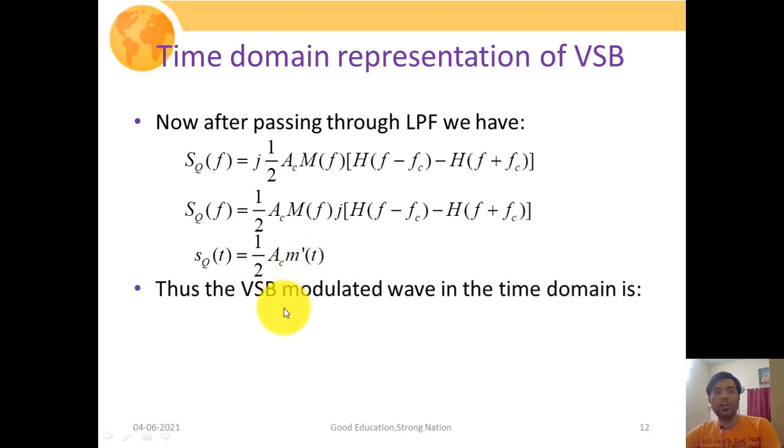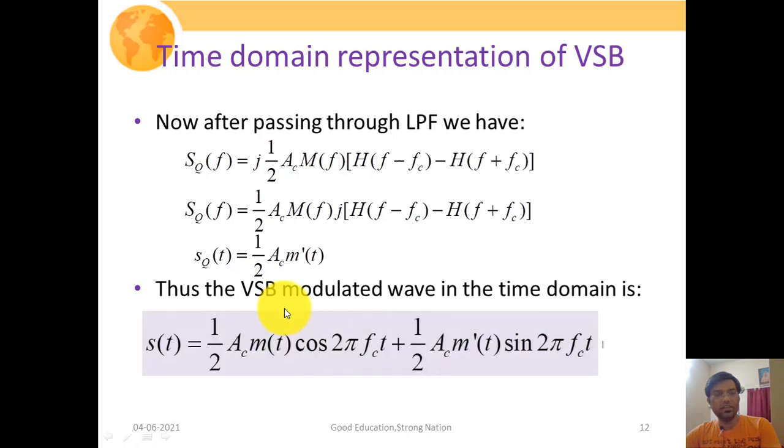Thus the VSB modulated waveform in the time domain is s(t) equal to half of A_C times m(t) cos(2πf_c t) plus half of A_C times m′(t) sin(2πf_c t). Let us say this is equation number 1.